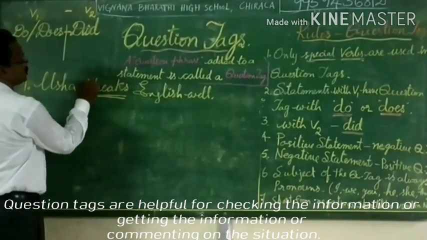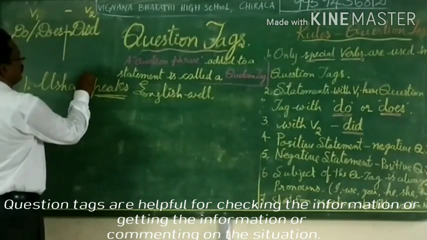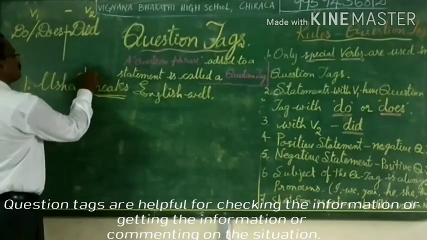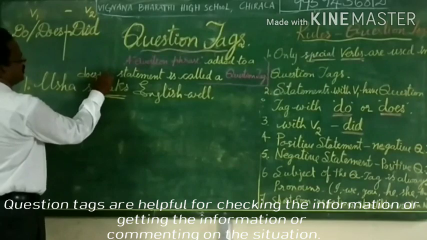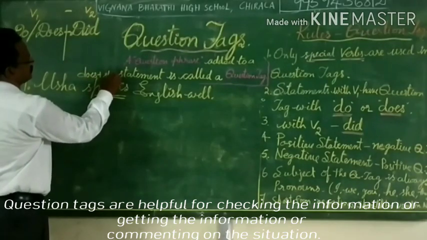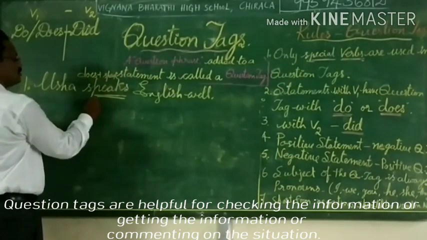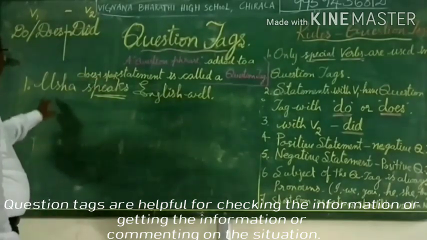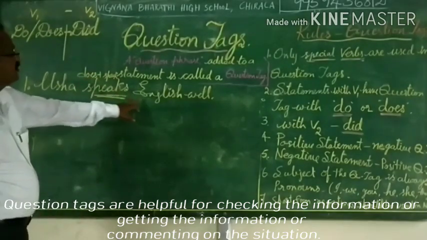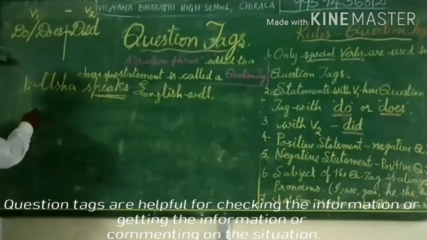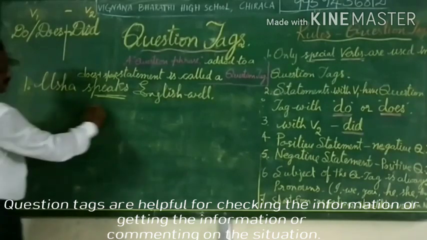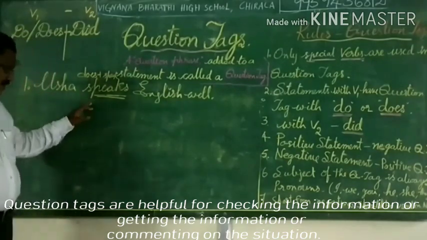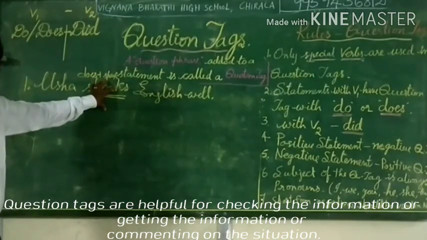If we split this speaks into does plus speak. So does speak, speaks, does speak. Usha speaks English well. Now we write a question tag to this positive statement. These are three things we found here. Verb part we understood.